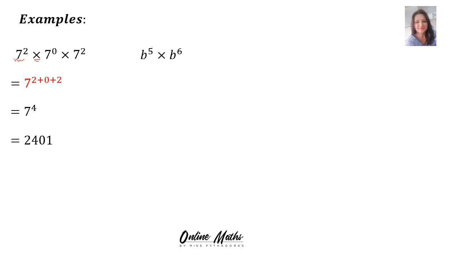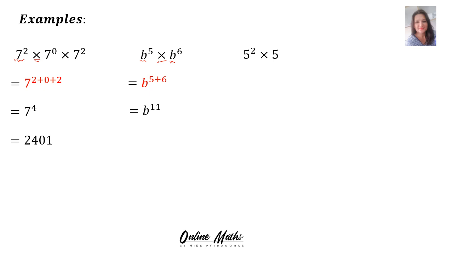Now with variables, b to the 5 times b to the 6, it works exactly the same. The base is b, and we multiply. We're going to add exponents. Therefore, it's b to the 5 plus 6, which is b to the 11.